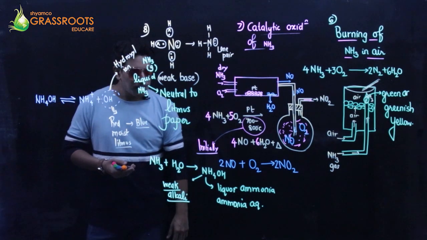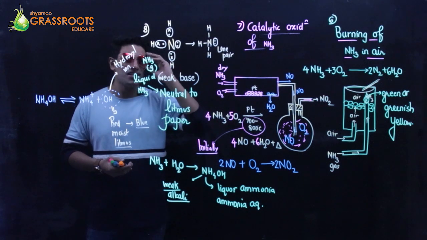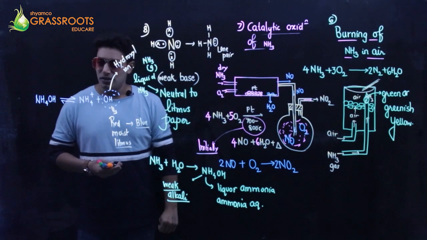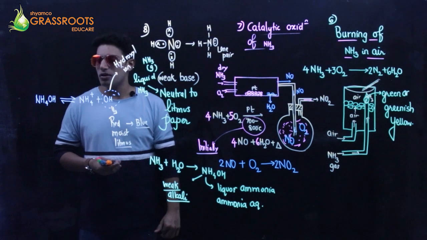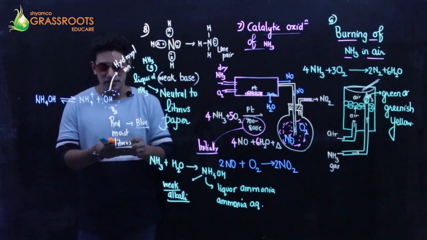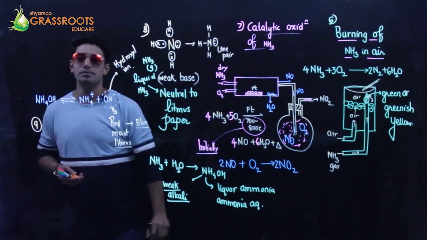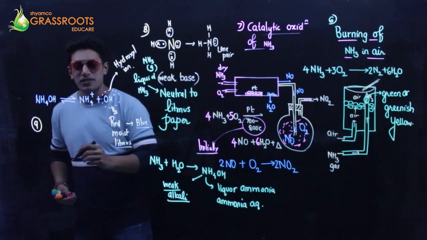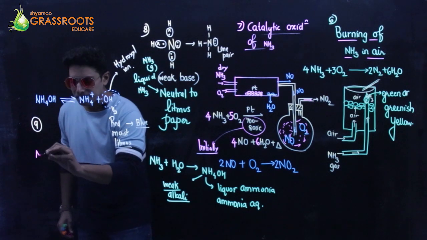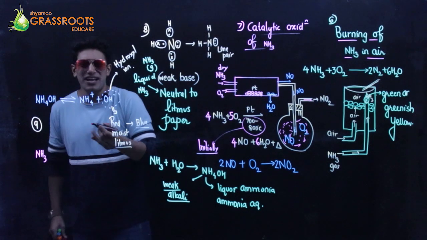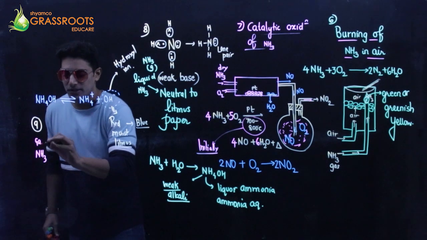Alright. After this, we spoke about many things, guys. Okay, so let's talk about the next concept, that is concept number 9. A few reactions are as follows. You take ammonia gas first.